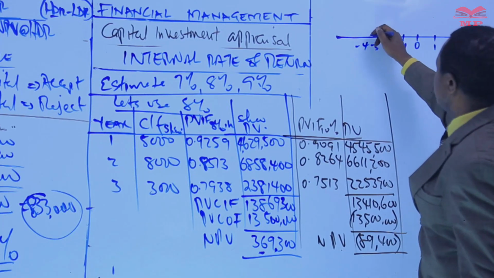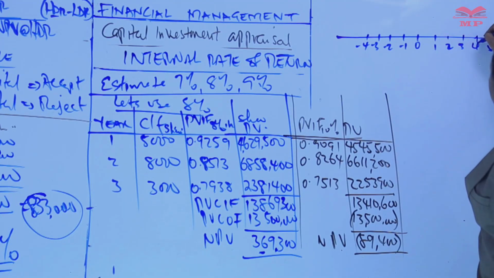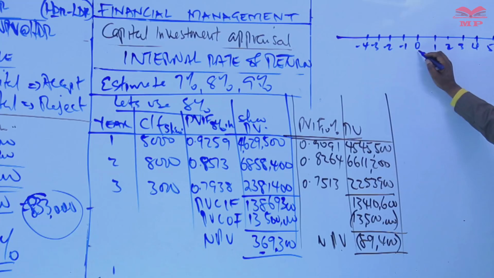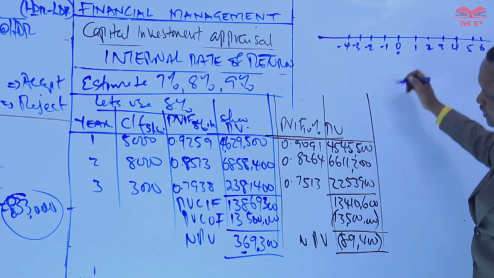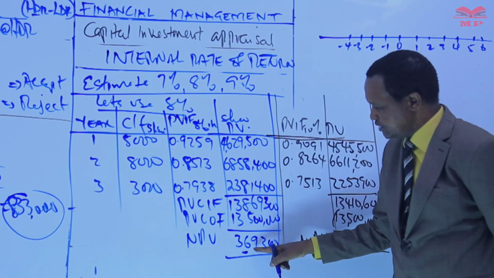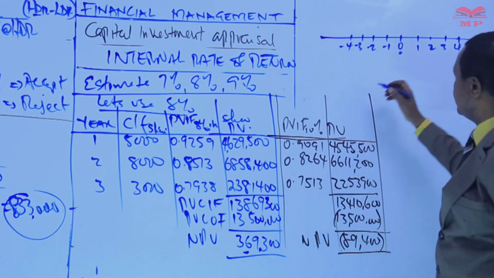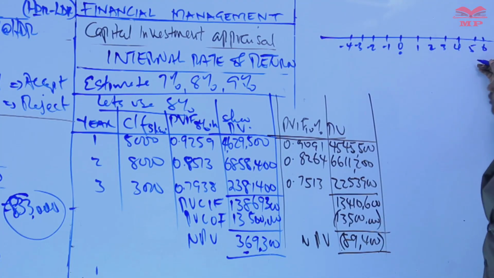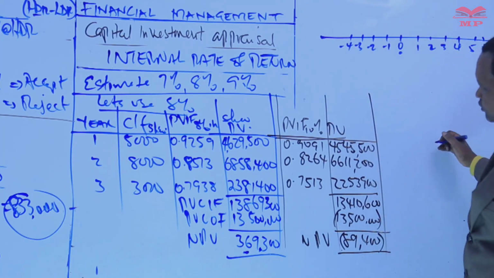So the NPVs that we are looking at are NPVs that are close to 0. You can see this one is 369,300 points away from 0. This one is closer, on the negative side.